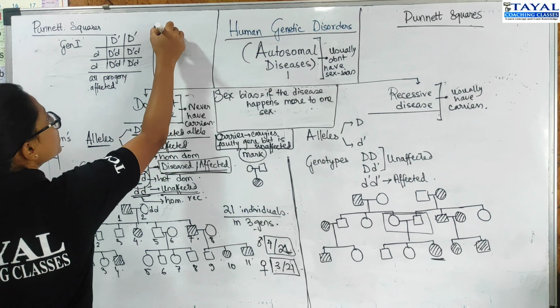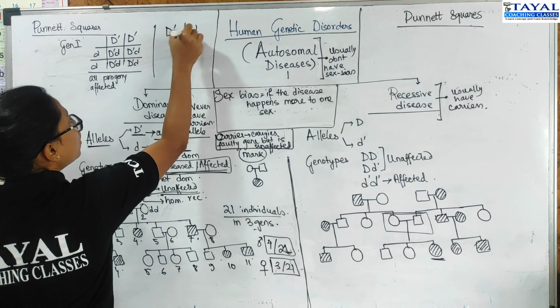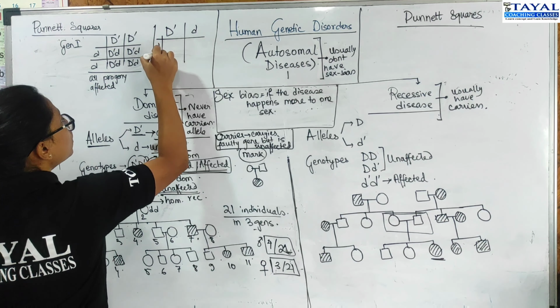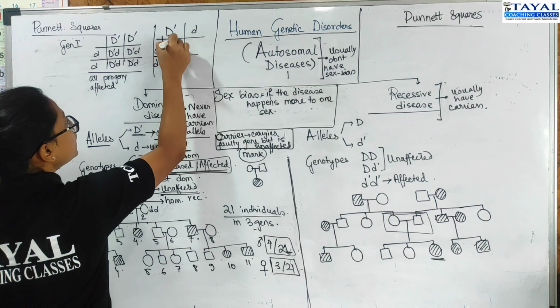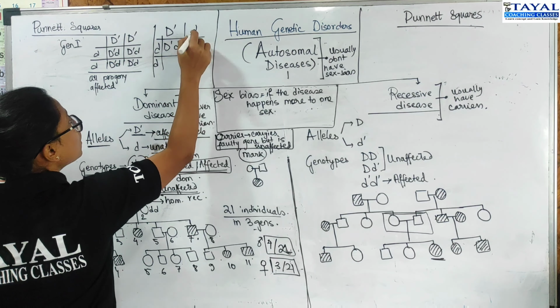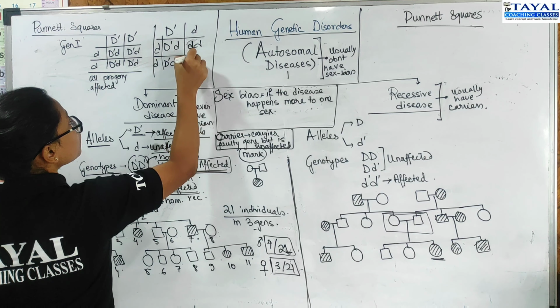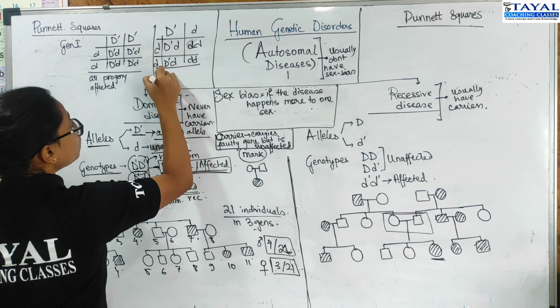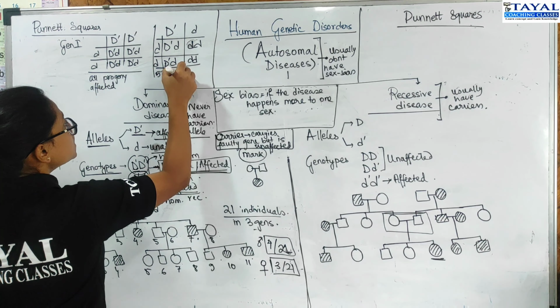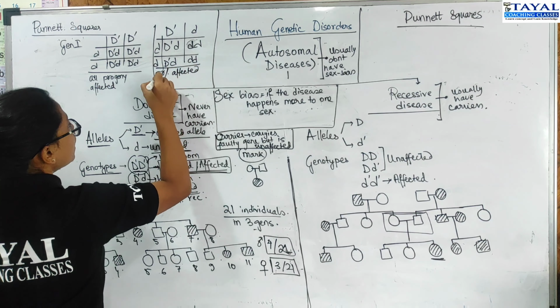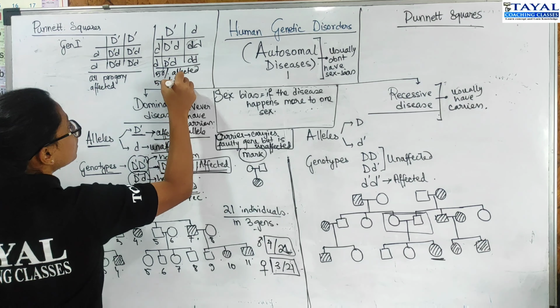The other case is capital D dashed, small d crossed with small d, small d. In this case, however, you will see that 50% will be affected. That is the prediction, right? And 50% would be normal.